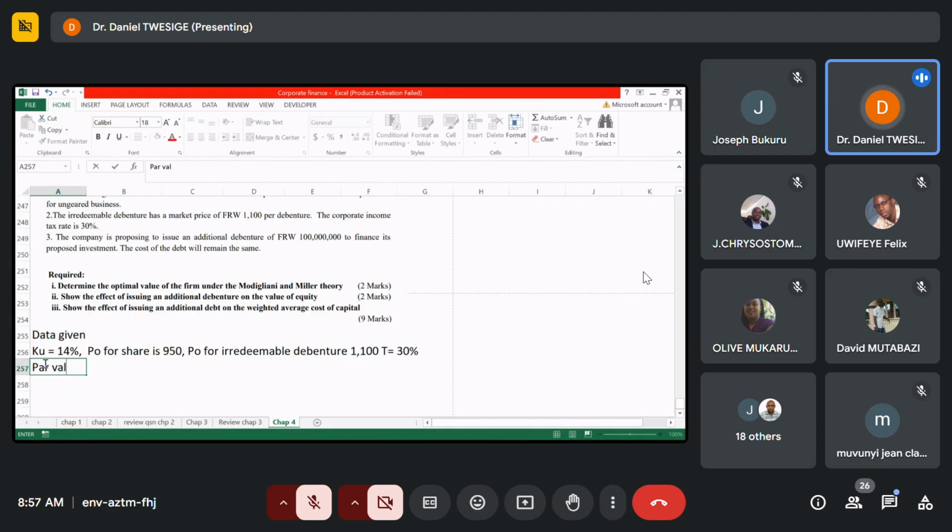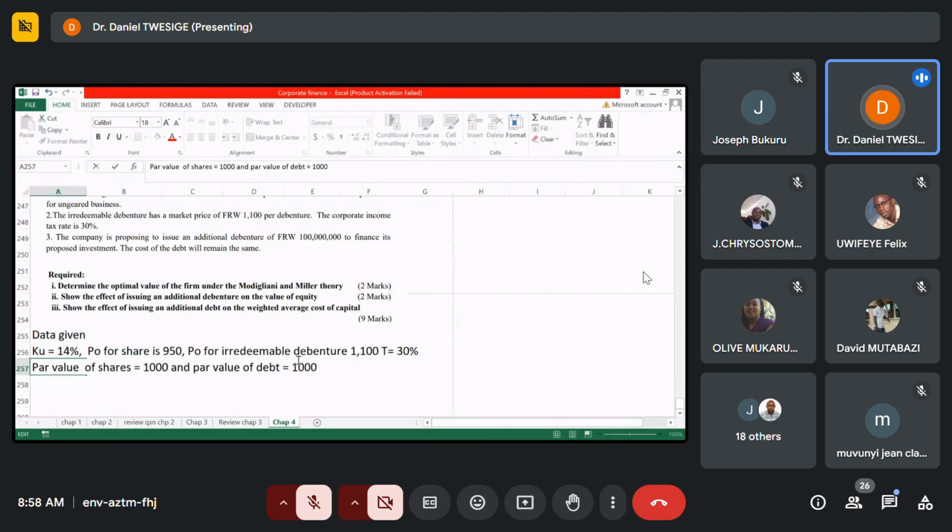Par value of share, which is 1,000, and the par value of debt is also 1,000.